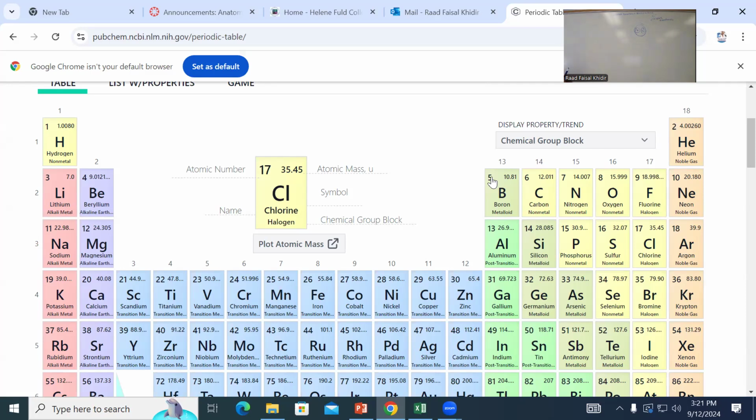Very good. Now, besides the atomic number, we need to understand the atomic mass. What is the atomic mass? The atomic mass is the total number of protons plus neutrons.